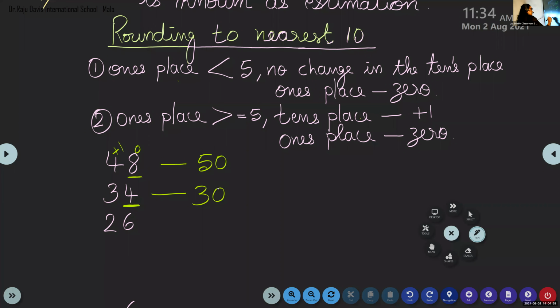Now next one, underline 6. 6 is greater than 5. So second rule, tens place plus 1. So 2 plus 1, 3. And the ones place should be 0. Got it?